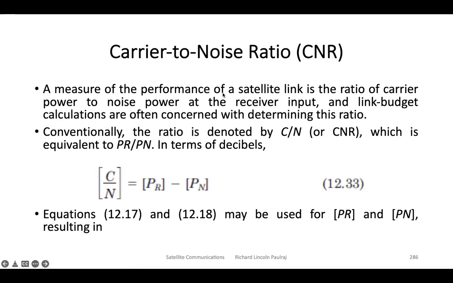A measure of performance of a satellite link is the ratio of carrier power to noise power. So how much signal am I able to transfer and how much noise is actually getting added. Do you think systems with more noise are good, or systems with less noise?